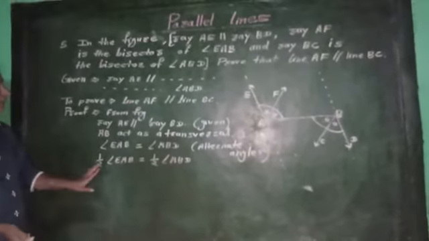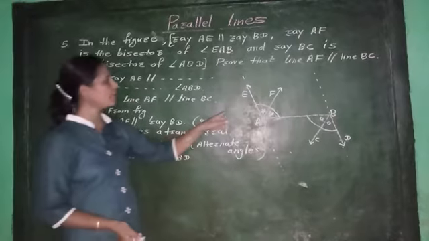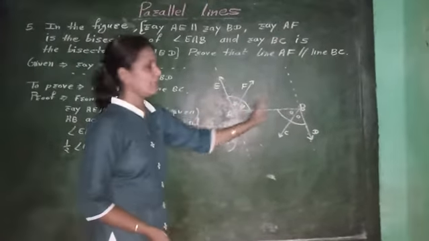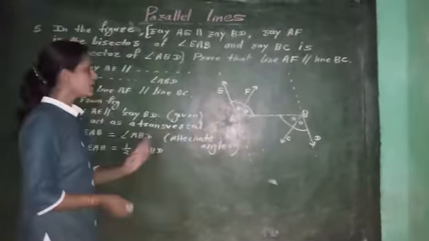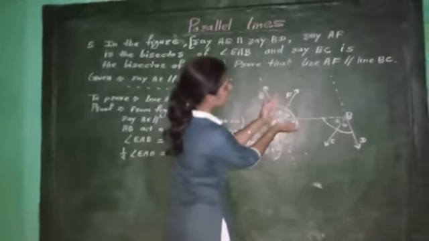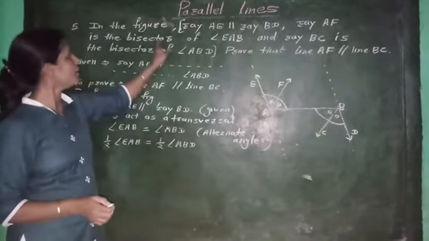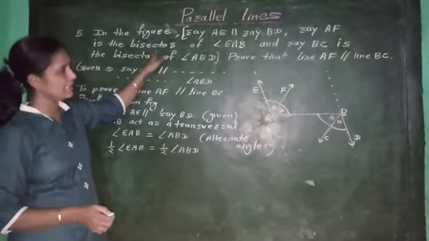Now 1/2 angle EAB is equal to FAB, because these two angles are congruent, FAB is equal to EAF. This angle is half of this, because it is given that AF is a bisector.